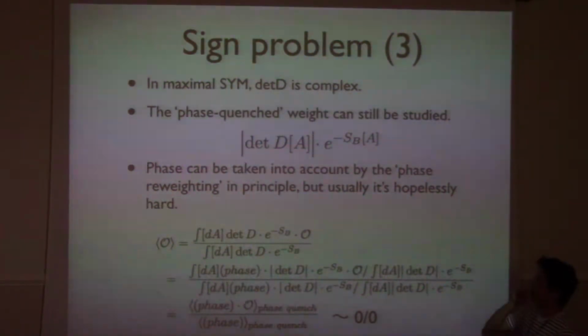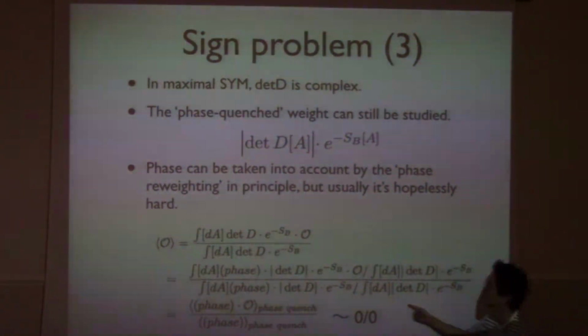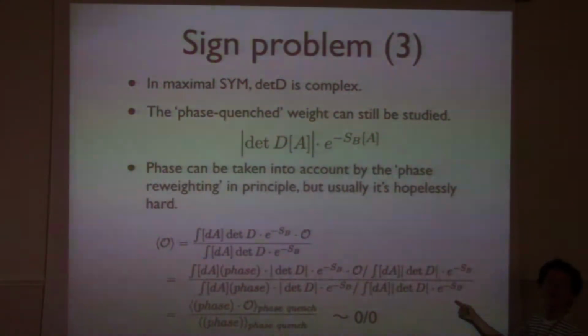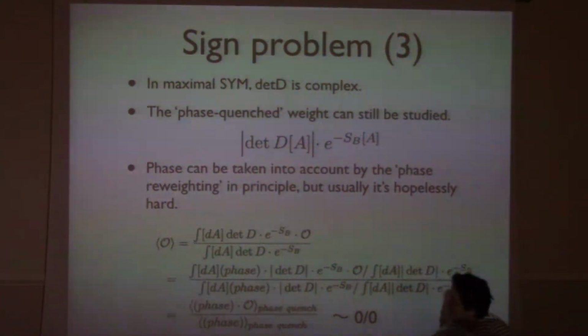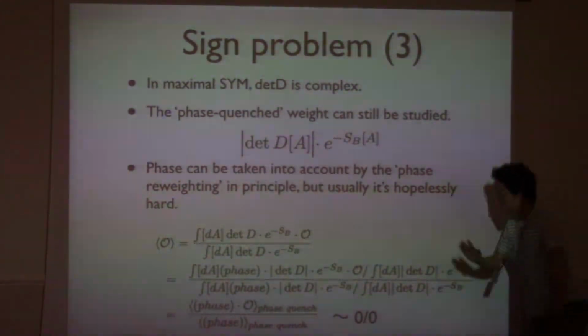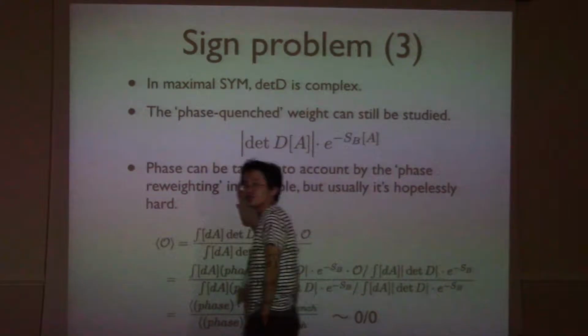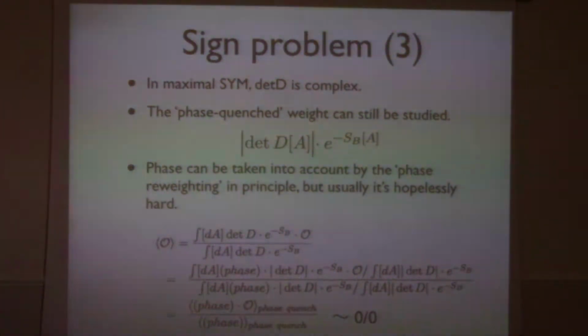We multiplied 1 to that expression. So this part and this part are exactly the same, and we divide both numerator and denominator by the same factor. It does not change anything. But then the numerator and denominator look like the expectation value of the phase, and the phase times the observable, in the phase quenched theory. And the problem was this looks like 0 divided by 0, where the phase fluctuates a lot.